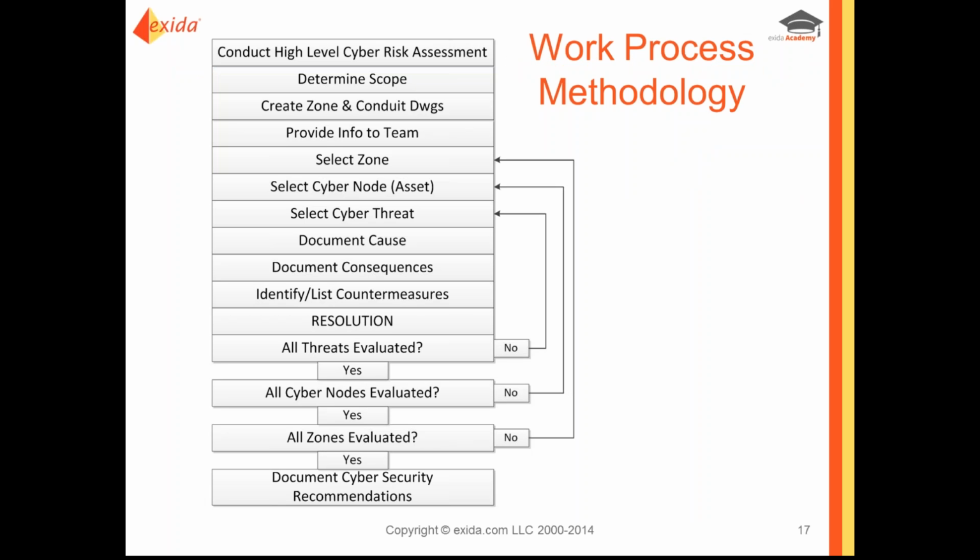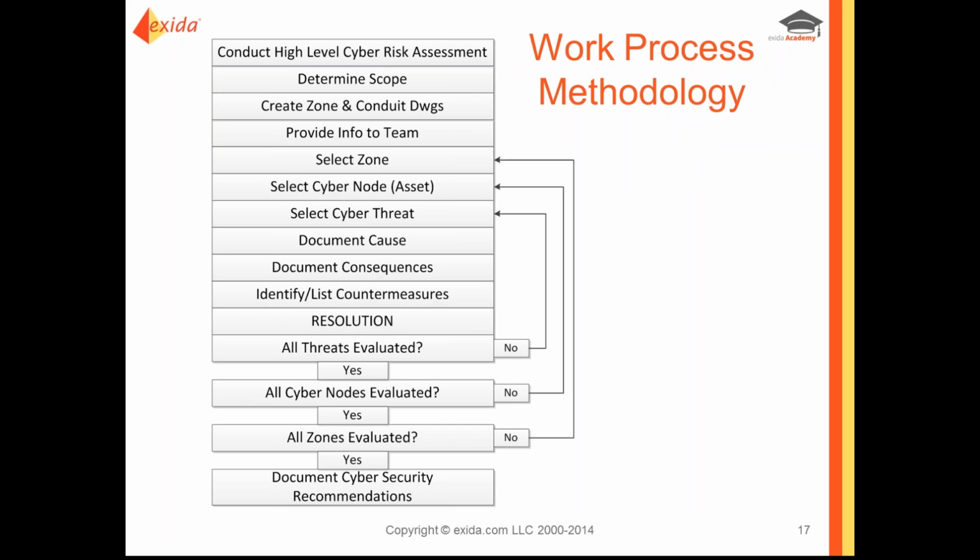So now if I go back to the work process methodology itself, we've created the zone and conduit drawings. And when you put your team together, you want to make sure the information is available ahead of time to your team. And then you start looping through a process of zone by zone, node within a zone, and then threats to that node within the zone.